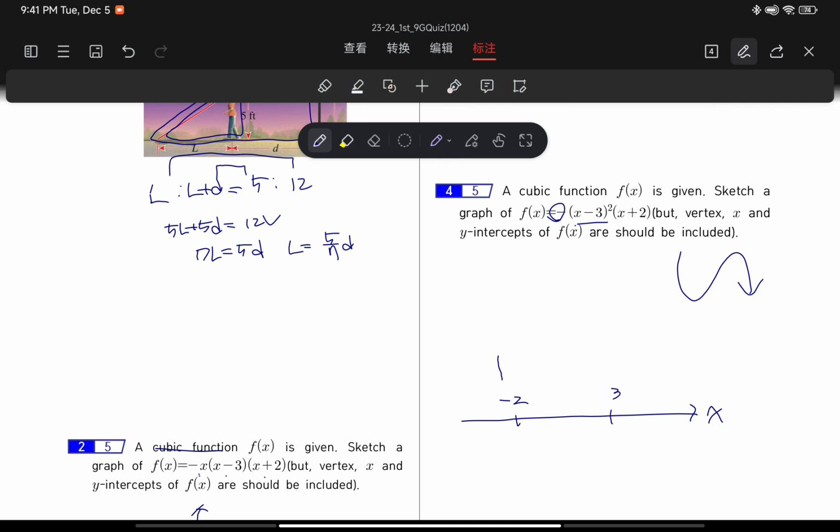It passes through minus 2, 0, and is tangent at x equal to 3. Put x equal to 0, then minus 9 times 2 equals minus 18. So here is the y-axis and 0, minus 18. So this is the answer.